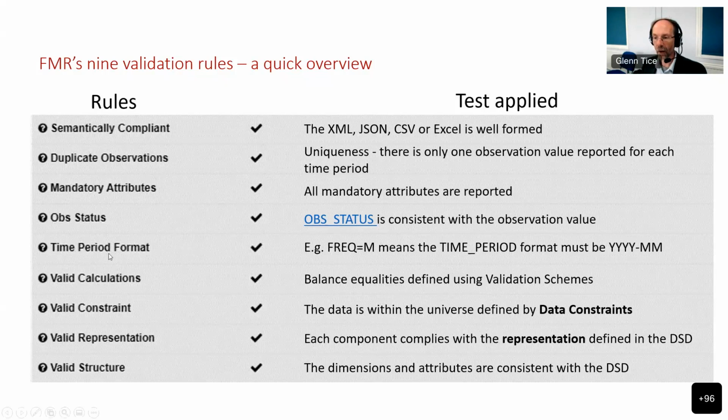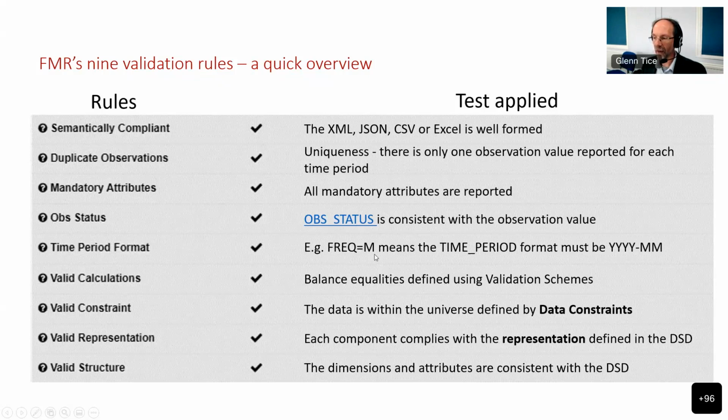So time period format, we've already seen this in action, but just to recap, this checks for consistency between the actual frequency, which is defined in the frequency dimension, and the time periods which are actually reported in the data.